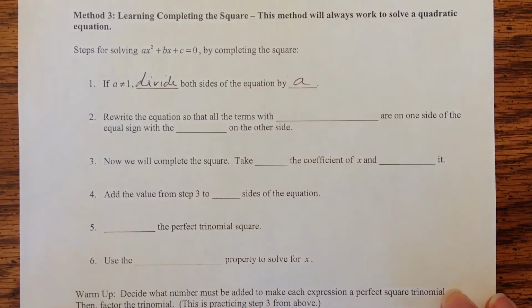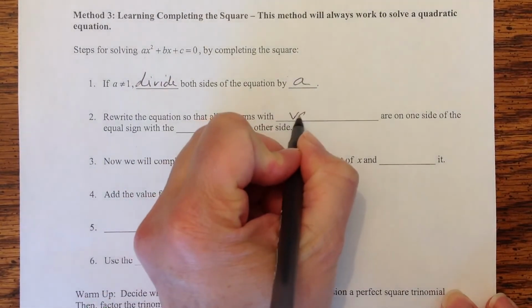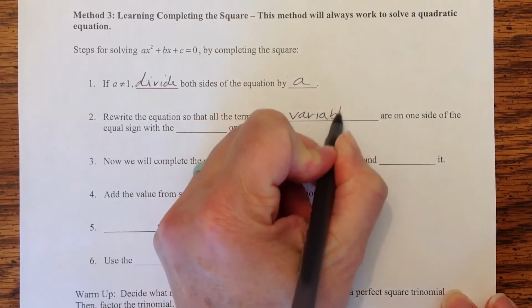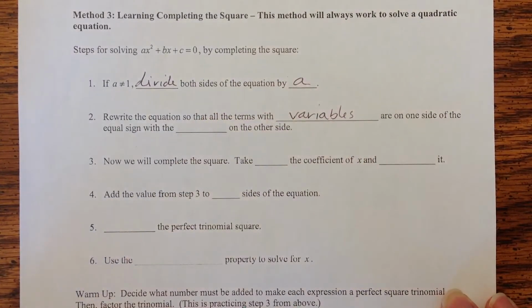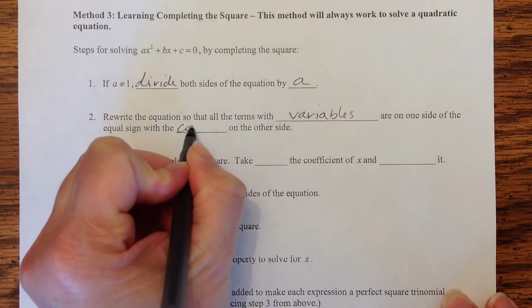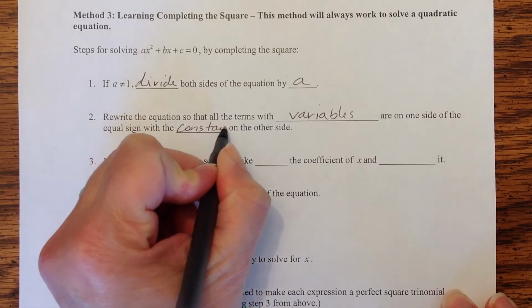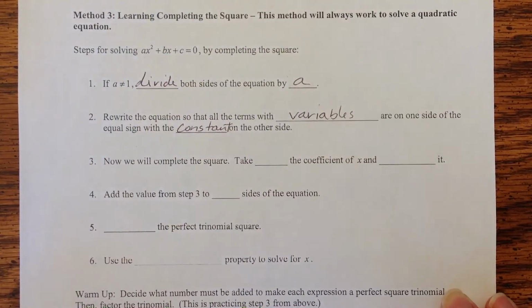Then you want to rewrite the equation so that all the terms with variables are on one side with the constant on the other. So the constant term is the part with no variable on it, and it needs to be on one side by itself. Now we complete the square.